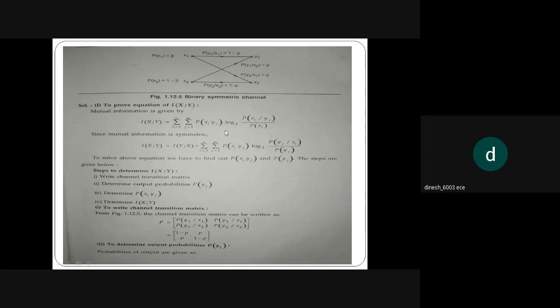So for this, what is the procedure? If you're able to determine that, it's easier. The procedure is writing the channel transition matrix, determining the output probability, determining the joint probability, and determining the mutual information. If these four steps are known, you can easily interpret this with the binary symmetric channel.